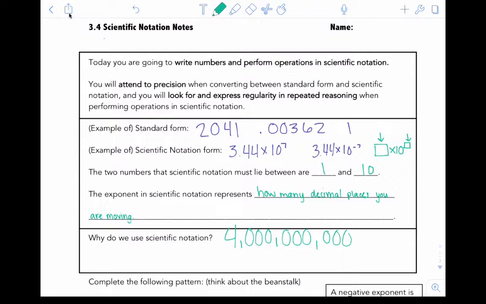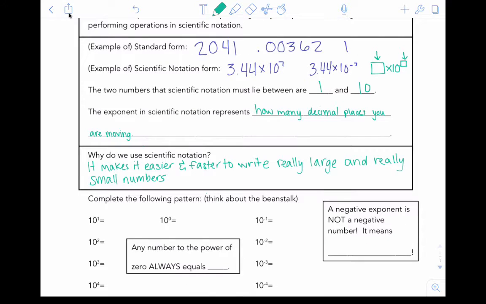Okay, if I had a number like that, I wouldn't want to rewrite that over and over again. So they came up with this scientific notation to be able to make it easier to write really big numbers and really small numbers more easily. So scientific notation is in the power of 10. So you are always multiplying by a power of 10.